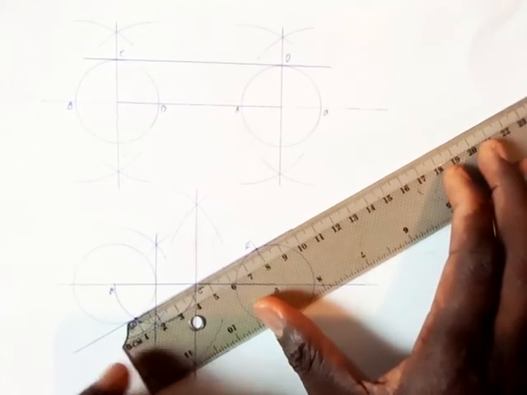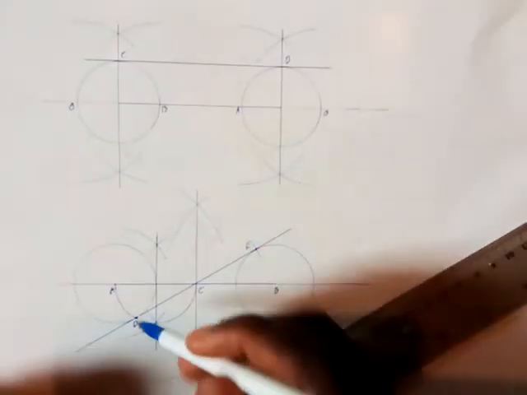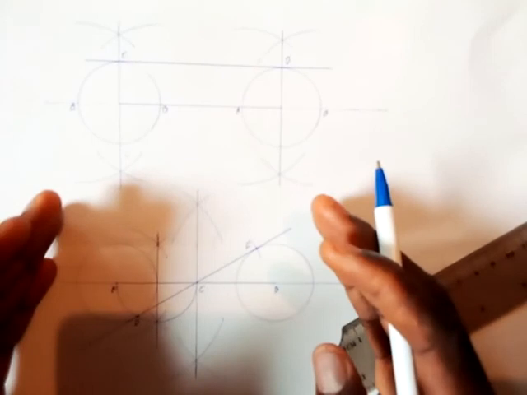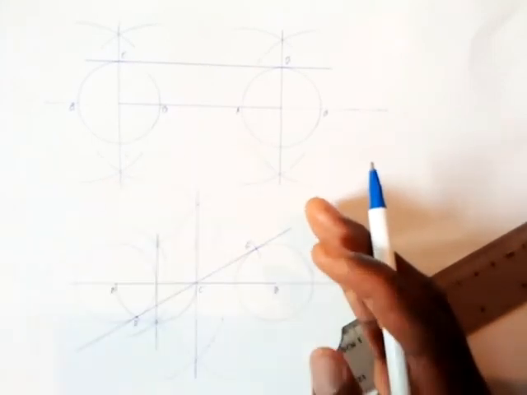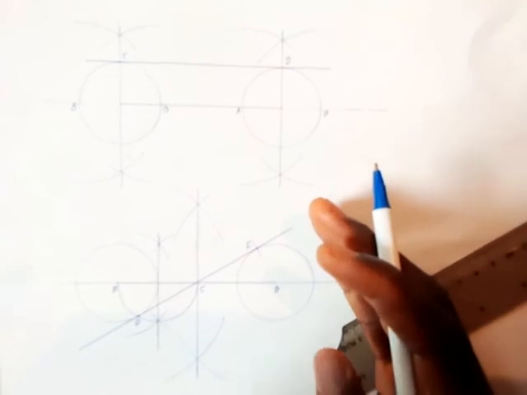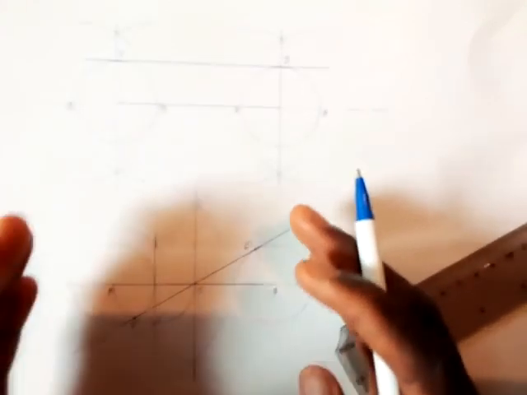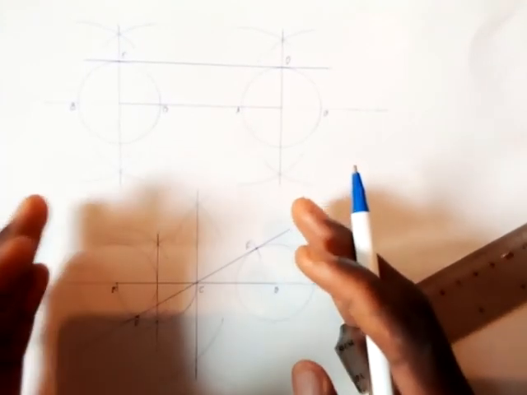So this is how to draw a common internal tangent to two equal circles.